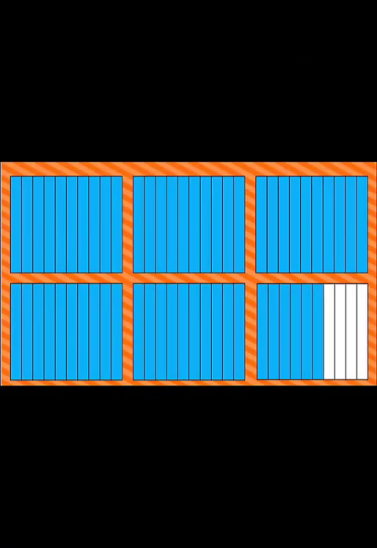So let's take a look at this. In this picture we have 1, 2, 3, 4, 5, 6 flats. However, the 6th one is not shaded all the way in. It is part of a whole. So really, we only have 5 full flats.